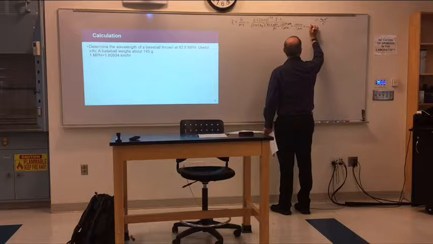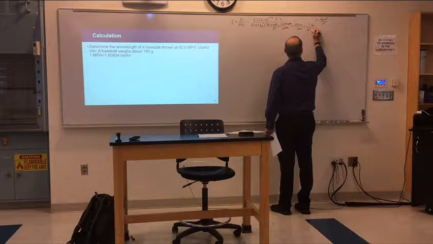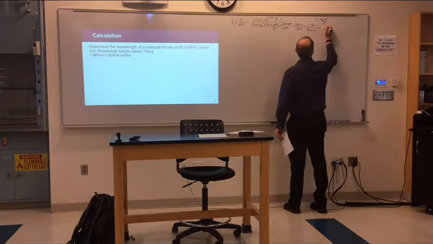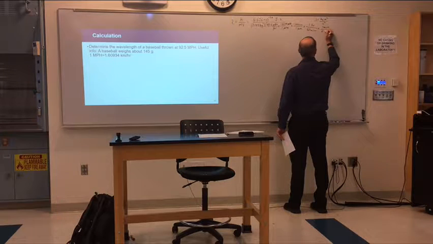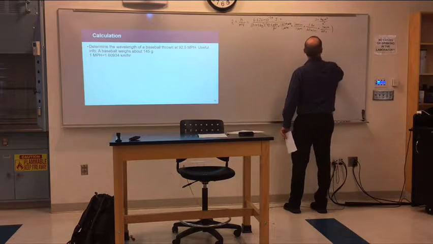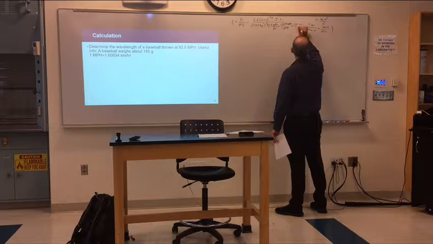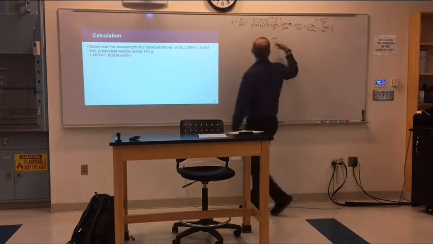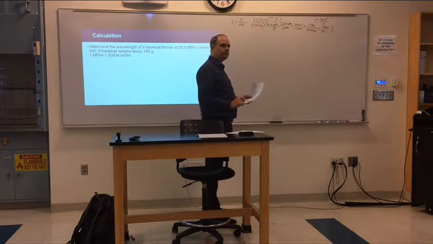Getting hours into seconds: 1 hour is 60 minutes, 1 minute is 60 seconds. The hours cancel out, the minutes cancel out, and now on the bottom I have meters over seconds.